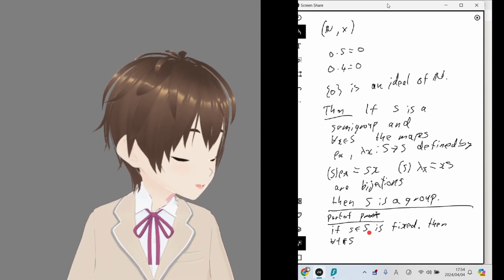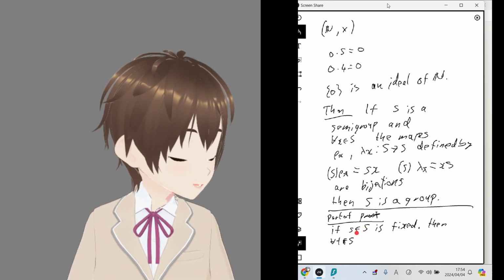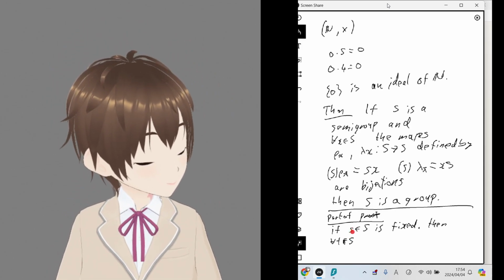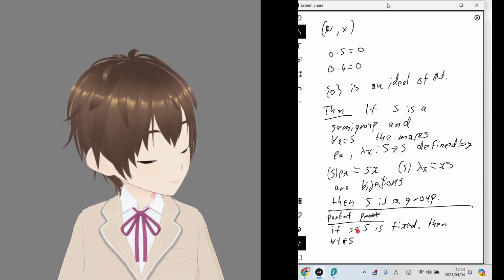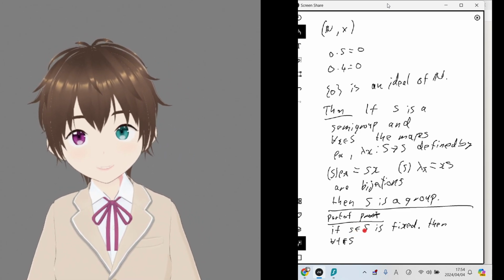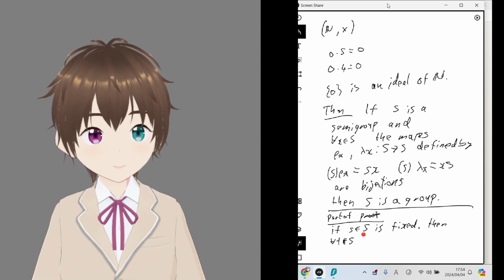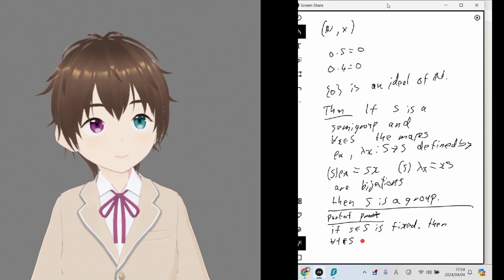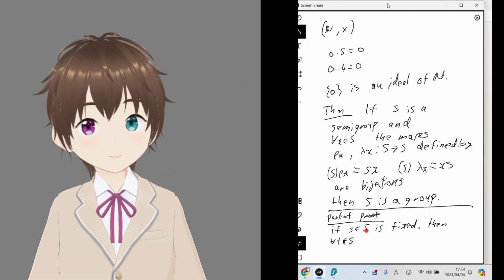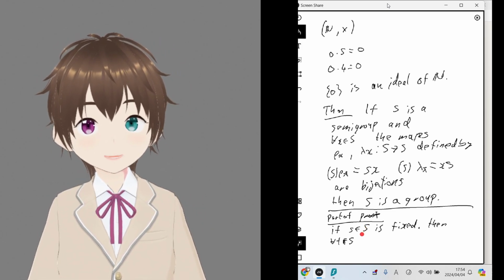The map, which is multiplying by s on the left, will have something which maps to s.